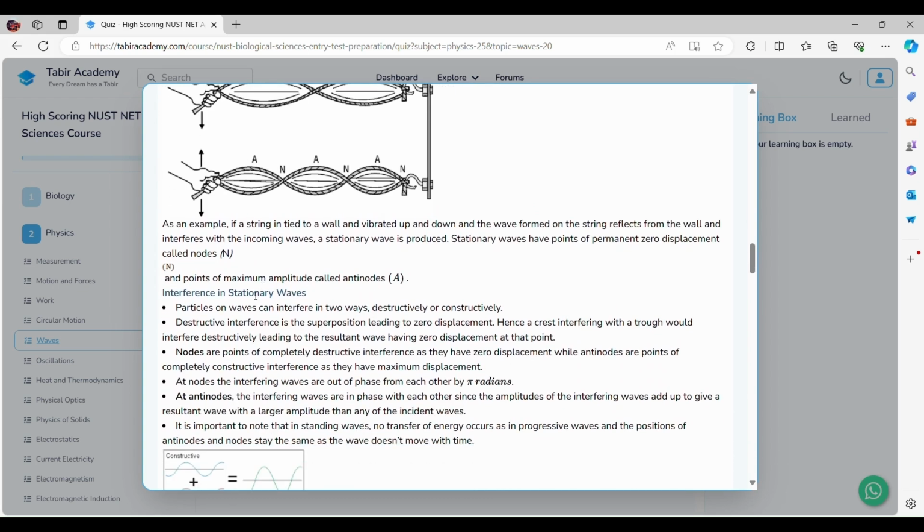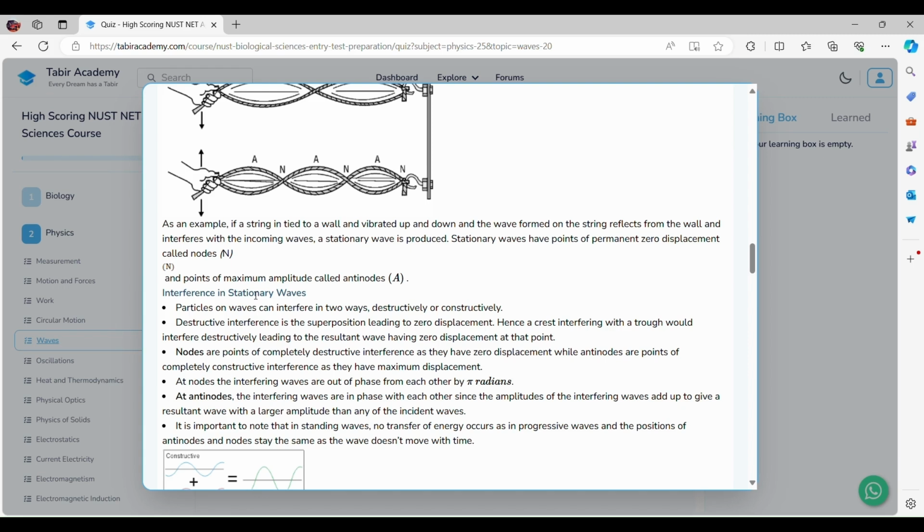Interference in stationary waves. Particles on waves can interfere in two ways, destructively or constructively. Destructive interference is the superposition leading to zero displacement. Hence, a crest interfering with a trough would interfere destructively, leading to the resultant wave having zero displacement at that point.